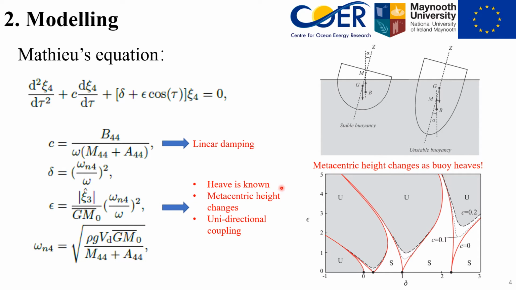However, Mathieu's equation assumes that the heave motion is known, and it only can describe how heave influences roll or pitch. Thus, a model of multiple degrees of freedom is required to describe such a mutual coupling between heave, pitch, and roll.